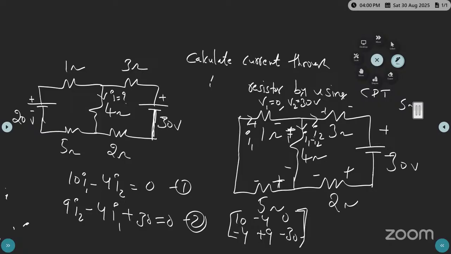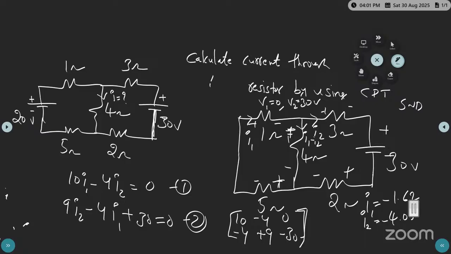After getting these two values, I1 is equal to minus 1.62, I2 is equal to minus 4.05. We require I1 minus I2.